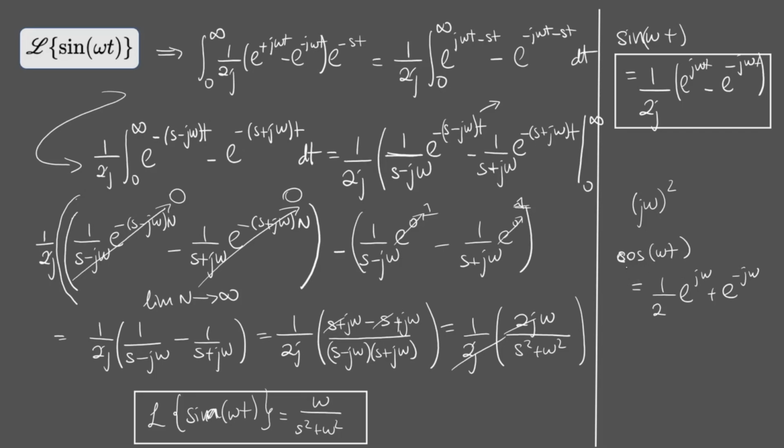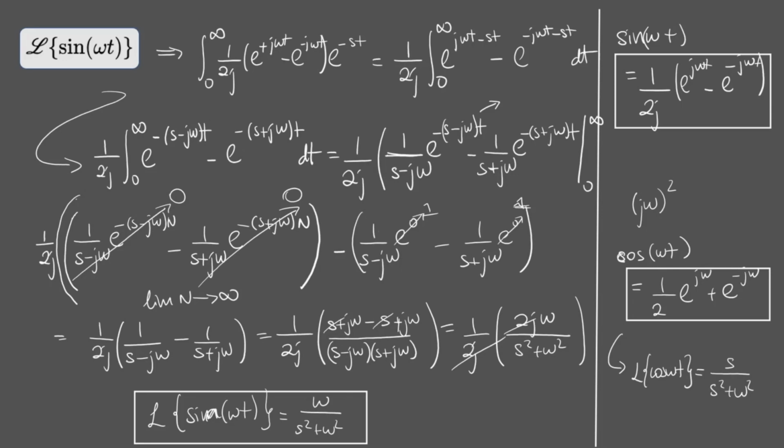If you were to evaluate that, using the same format, it's going to be s over s squared plus omega squared. So you can see how really simple and practical it is to evaluate the Laplace transform of functions.